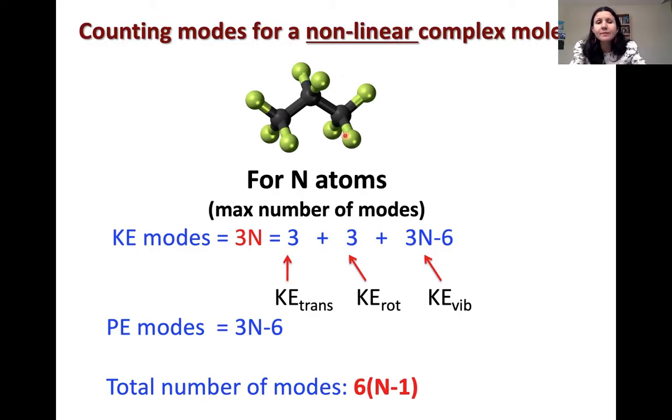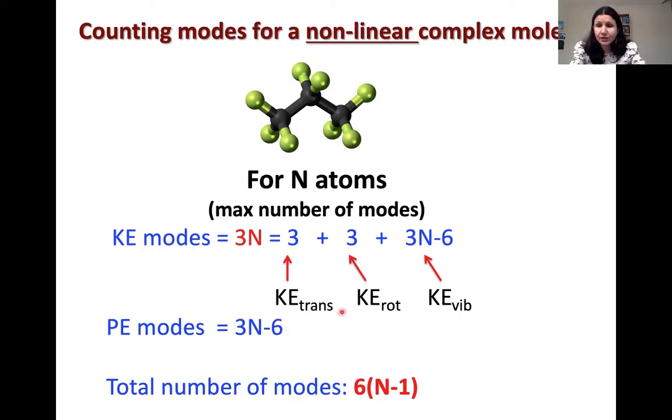So let's first determine the possible number of total kinetic energy modes. Imagine that each atom is an individual atom, which has those translational kinetic energy modes, and there are 3 of them in 3D. So the total number of possible kinetic energy modes is 3 times n for n atoms. Now we can categorize these in terms of the 3 types of kinetic energies we've discussed.